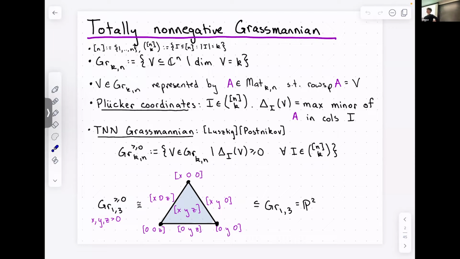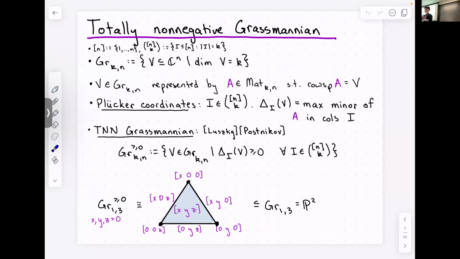I don't know if we've seen a picture of it yet, but this is basically the only TNN Grassmannian that I can draw. It's TNN Gr(1,3). Sitting inside of Gr(1,3), so this is lines in C^3 or R^3, it's the same thing as the projective plane. And this totally non-negative Grassmannian, as you can see, is just a triangle, a simplex.